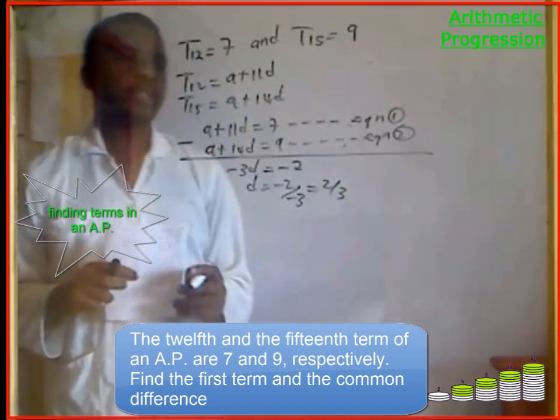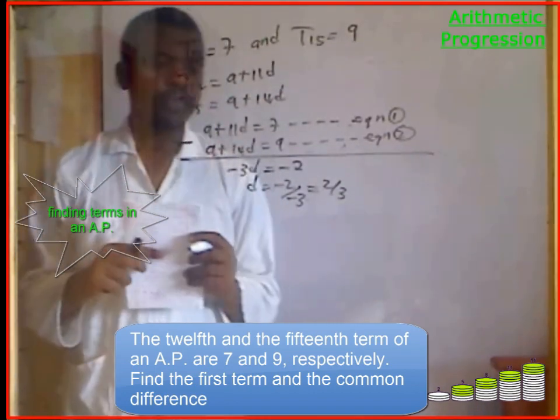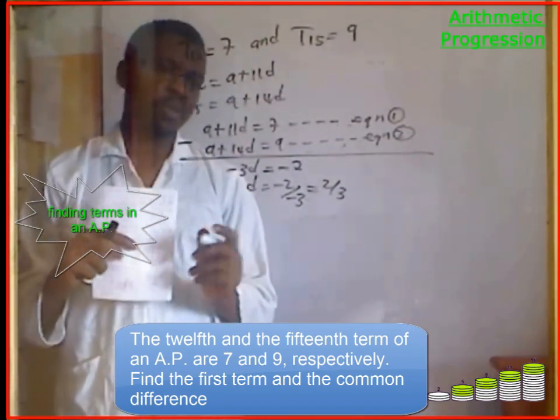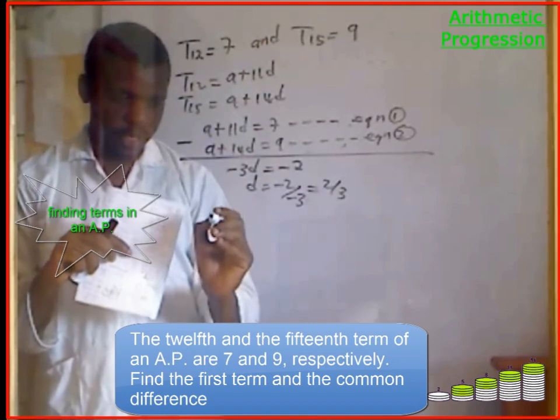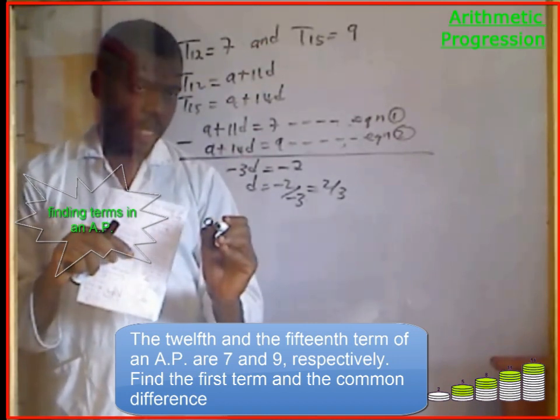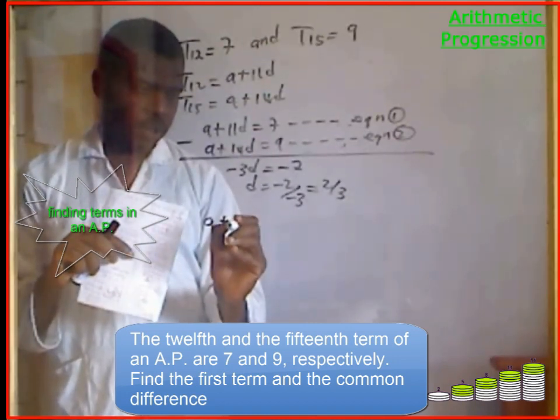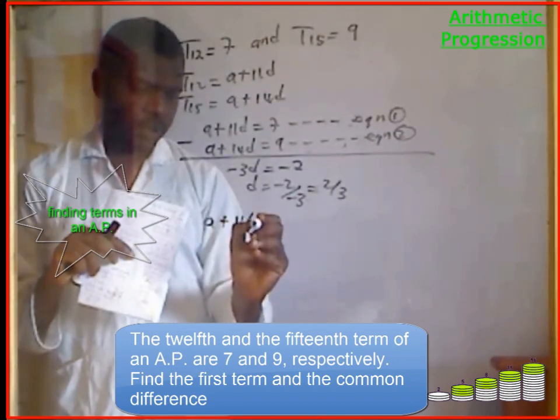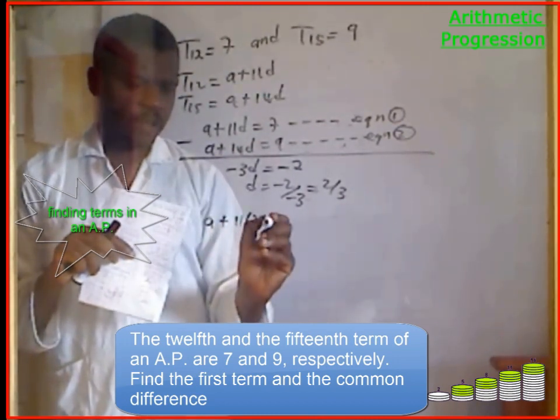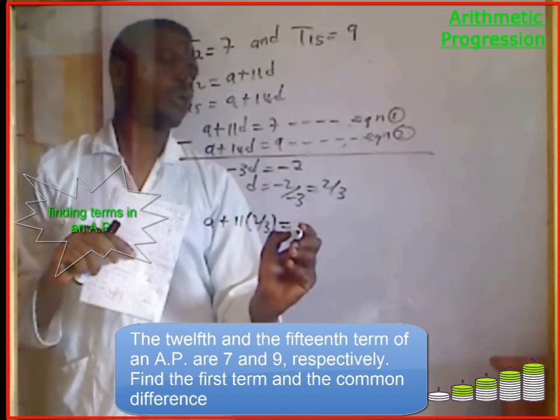Let me now look for the value of A. I use any of the equations and substitute. Using equation 1, I will say A plus 11D, that is 11 times 2 all over 3, is equal to 7.